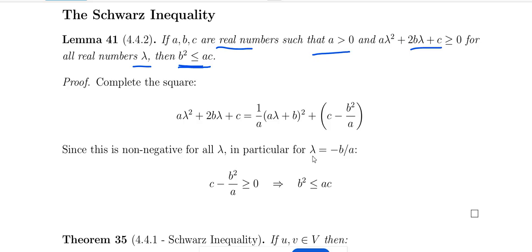So for all lambda, that is lambda equal to minus b by a, for lambda equal to minus b by a, this is c minus b square by a should be greater than or equal to 0. So that means taking the right hand side across, we get b square less than or equal to ac, b square less than or equal to ac.